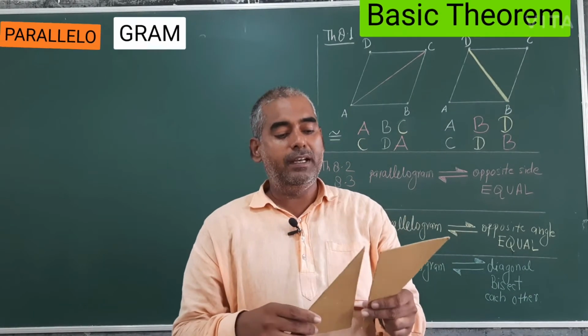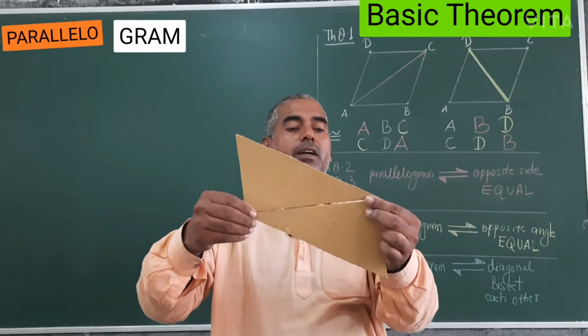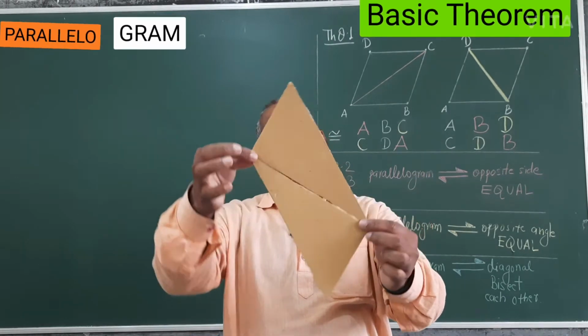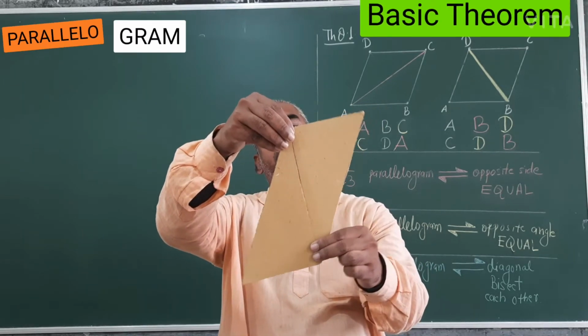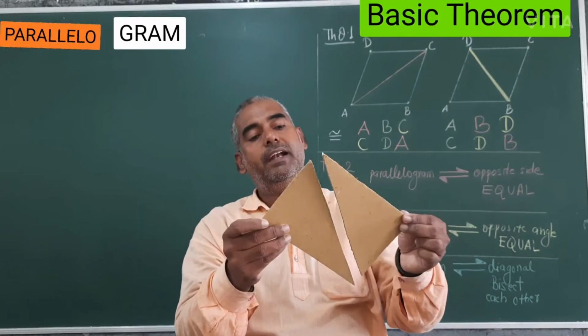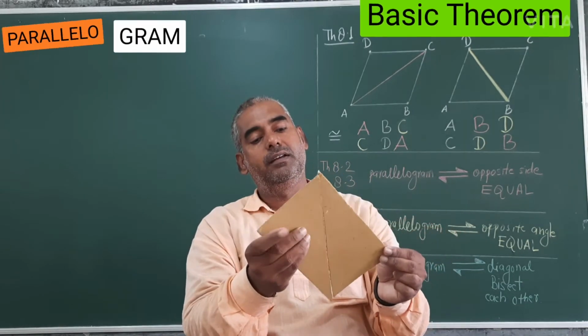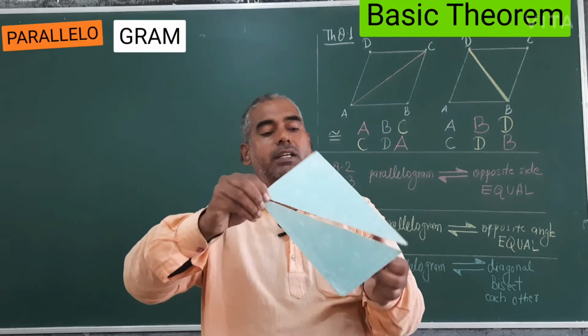If we add these two triangles, because these two sides are equal, again if we add this way, this is again a parallelogram. If we add here in this way, what are you getting?